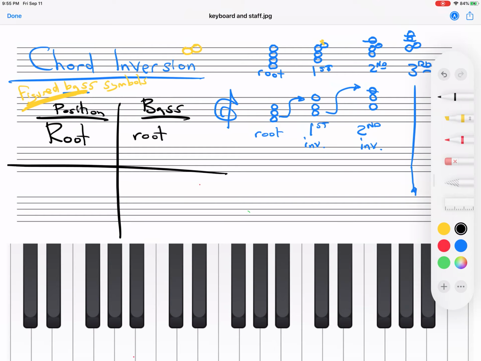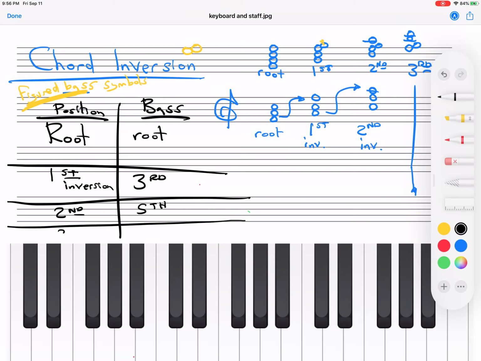That seems simple. In first inversion, you can kind of refer to the thing at the right. What's in the bass? The third of the chord. When it's in second inversion, what's in the bass? The fifth of the chord. And of course, if it's in third inversion, what's in the bass? The seventh of the chord.